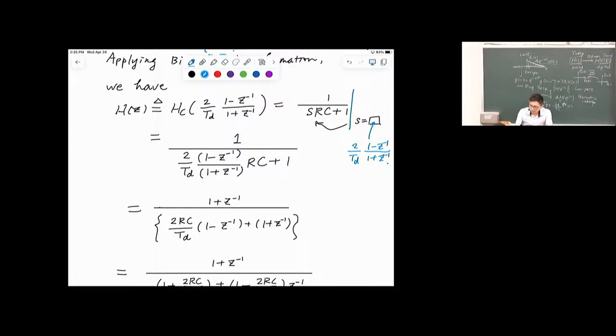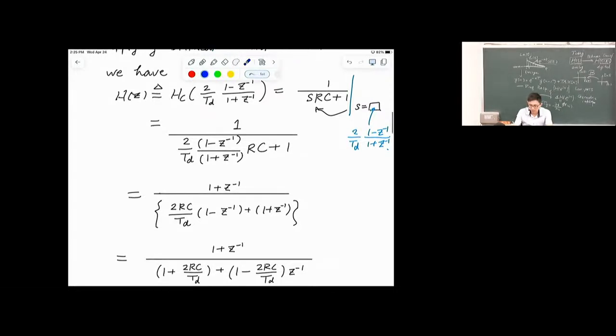So to complete the steps, we replace S with this expression from the bilinear transformation. This is where S occurs in the system function, right? So we replace S with exactly this. Is that clear? Now it's desirable that we organize our expression a little bit so that at the bottom and on top we have two polynomials.